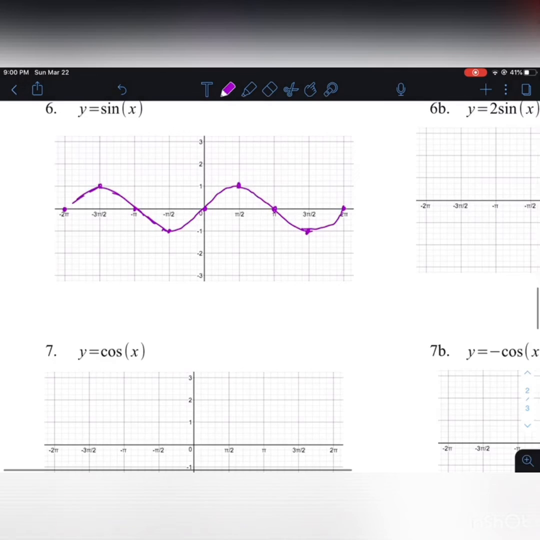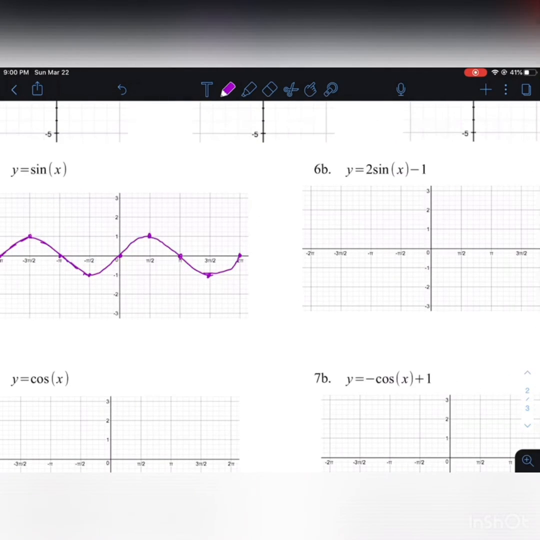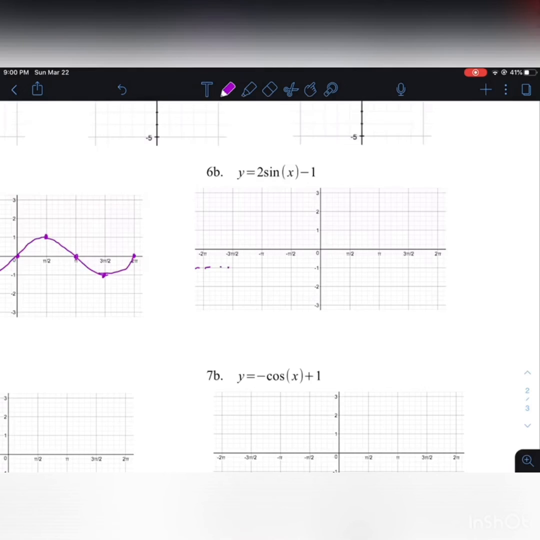All right. Now, 2 sine of x minus 1, let's see, minus 1 would be the graph's middle. And 2 is the height. So it's up 2 and down 2.